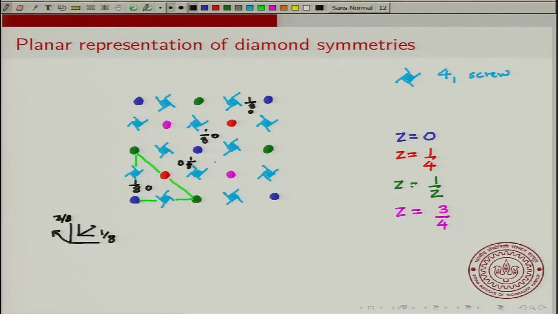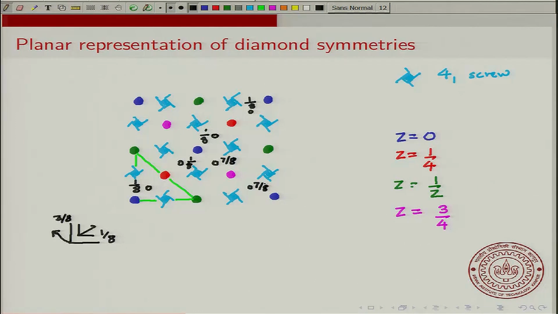For example, here you would have an inversion center, no, not here. It will actually be located between this, which is at 3/4. So yes, there will be an inversion center right here at 7/8. Similarly, there will be an inversion center here at 7/8.